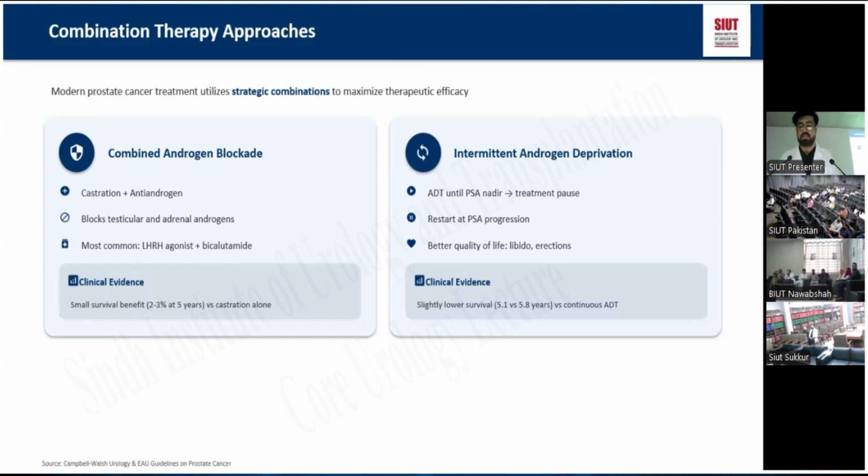Then there is intermittent androgen deprivation therapy. Androgen deprivation therapy until the PSA reaches nadir, then the treatment is paused and restarted at PSA progression. There is better quality of life that includes libido, erection, and there is slightly lower survival rate than ADT, androgen deprivation therapy given continuously.